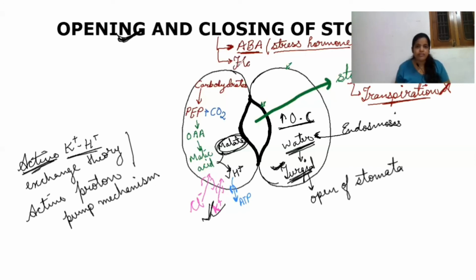The cells become flaccid again like this, so there is no space, no pore, for the exchange of gases or for the movement of water molecules in the form of water vapor, the process known as transpiration. So here we are done with the opening and closing of stomata.